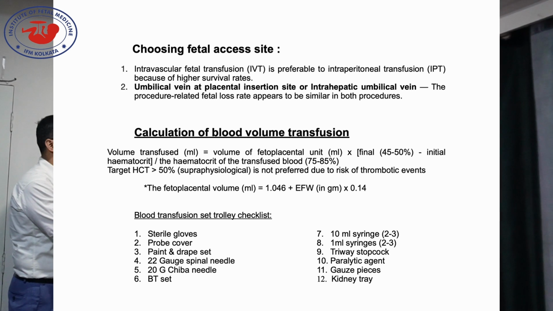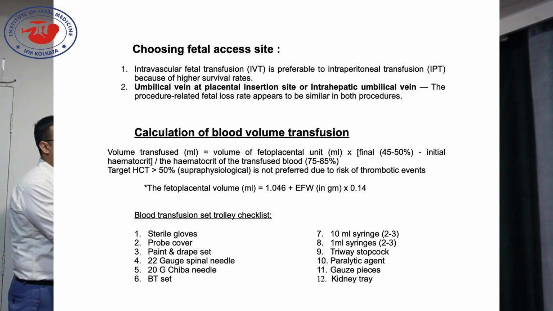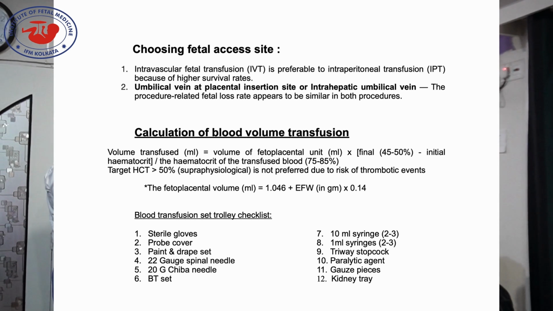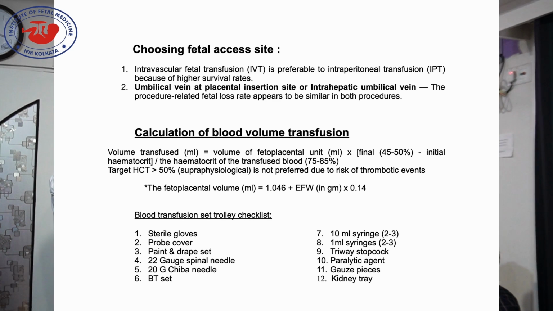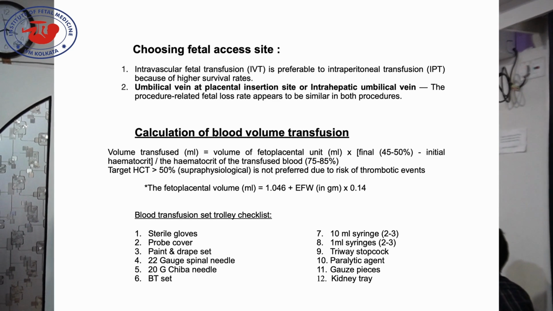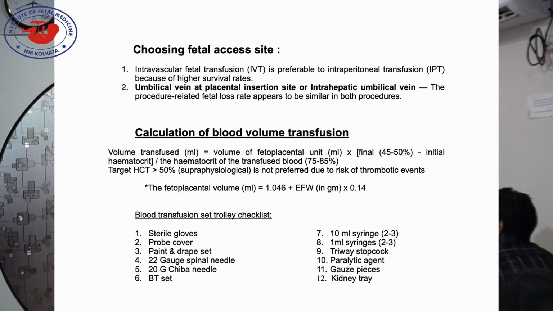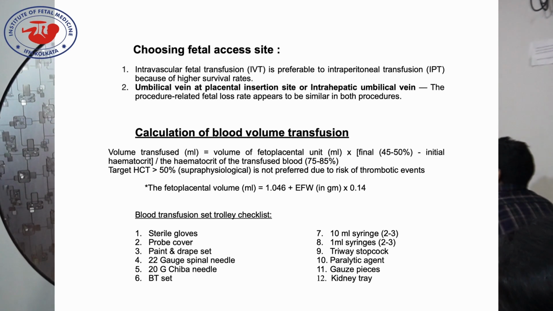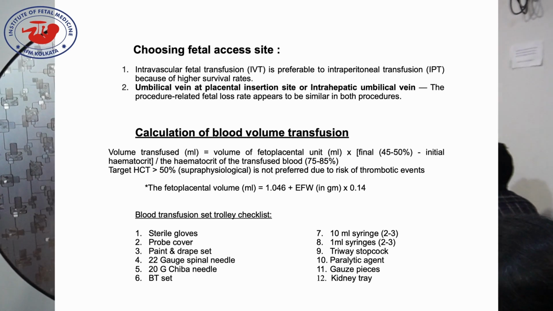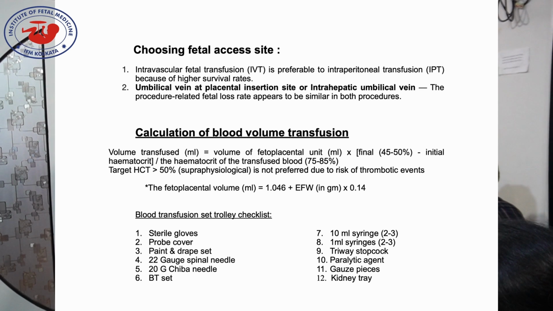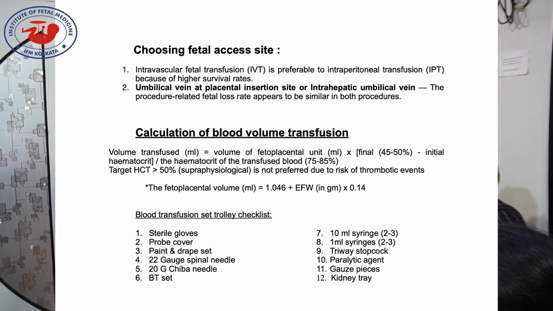Now I will tell you how to do the transfusion. Sir, but before, when you are calculating EFW, if the baby has hydrops, the fetus has hydrops. That is the problem. If the fetus has hydrops, you will always overestimate it, and we don't have any options, because at the time we take the abdominal circumference, the ascitic fluid will be there inside.